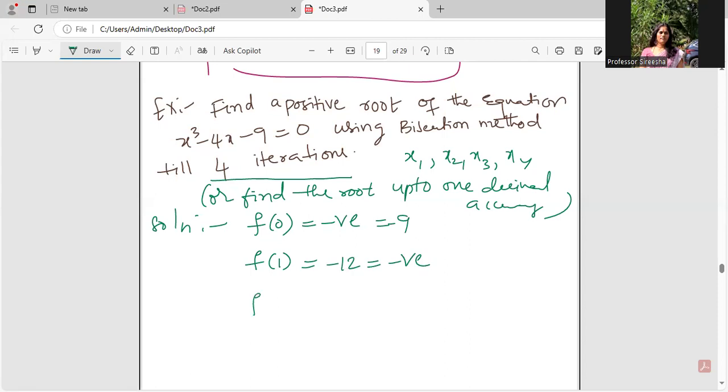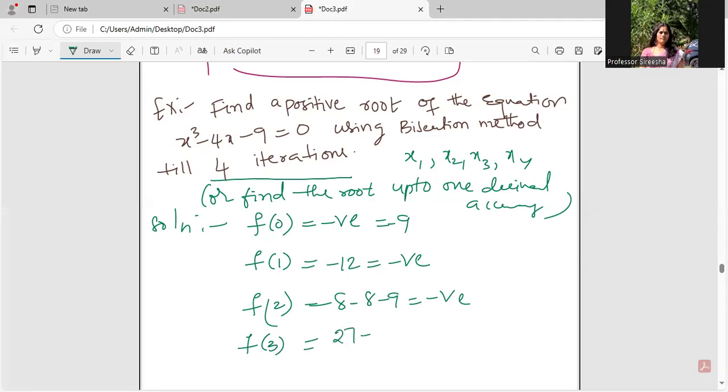Now, f of 2 would be what? F of 2 is 8 minus 4 twos, 4 twos is also 8, minus 9. So again, it would be negative. Coming to f of 3, it can be positive. What would be f of 3?